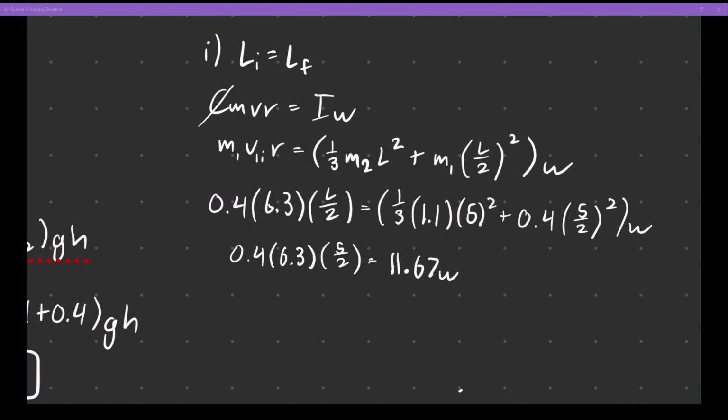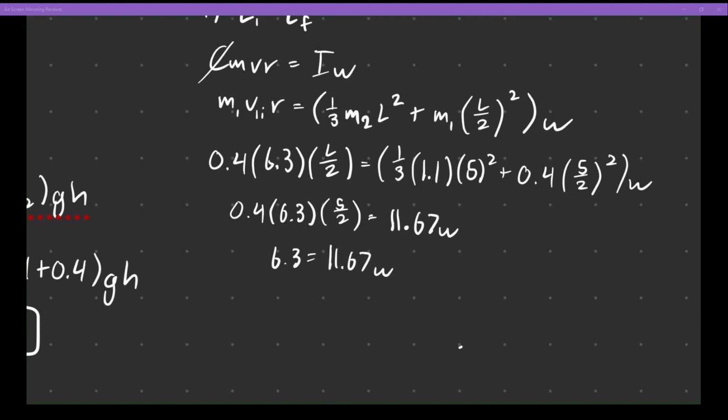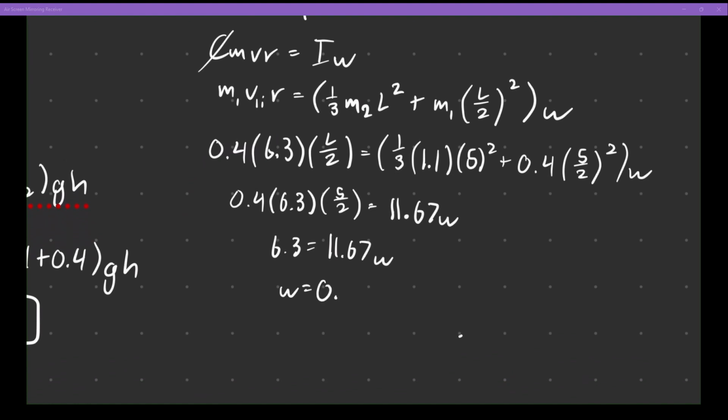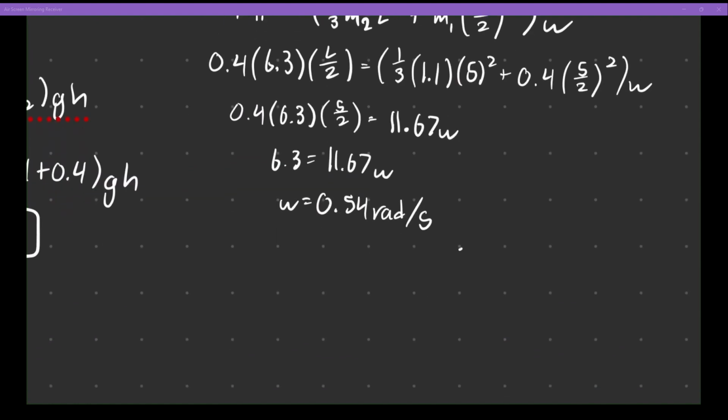And all of this on the left, simplified, is 6.3. So divide by 11.67, and you get omega is equal to 0.54 rads per second. However, the angular speed originally that we found was 0.62, and that is greater than this. So angular speed actually decreases, which is the answer.